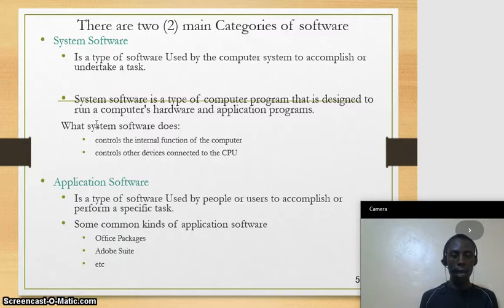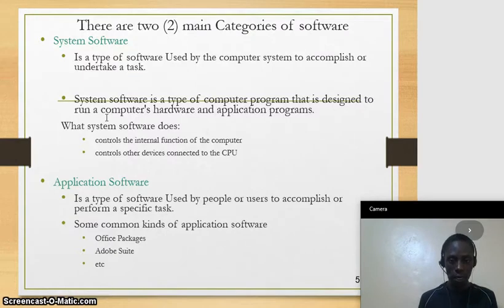So system software is a type of computer program that is designed to run on a computer's hardware and application program. We shall see later what the application program is. It is mainly designed to run on the computer hardware.